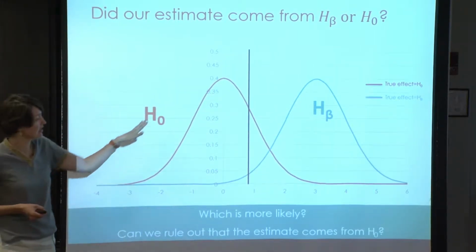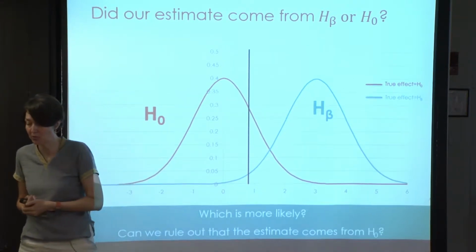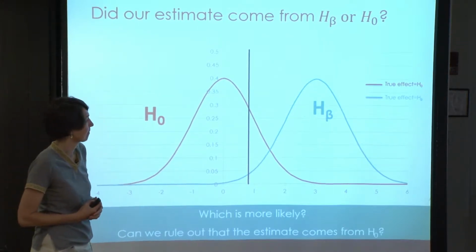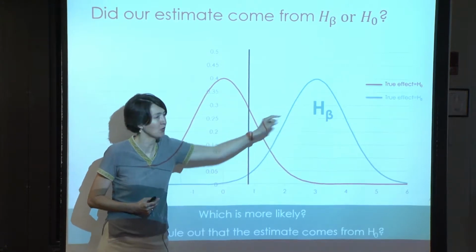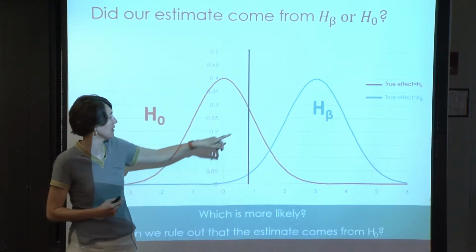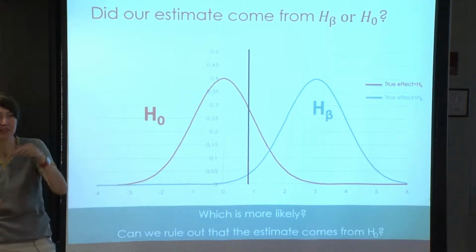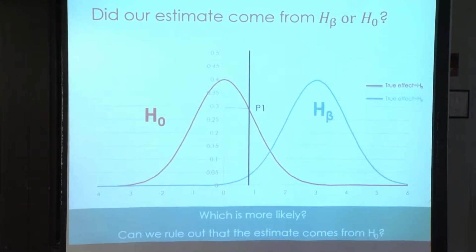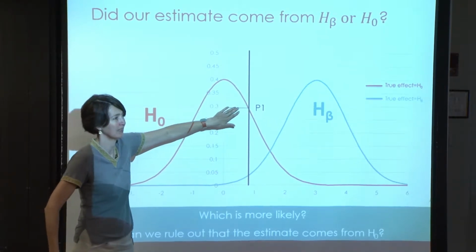So if you see these distributions of trials and you see this one effect, which is more likely? What do you think? That it came from the distribution where the true effect is beta, or from the distribution where the true effect is 0? David? 0. So how do we figure that out? Where it crosses this line is the probability.